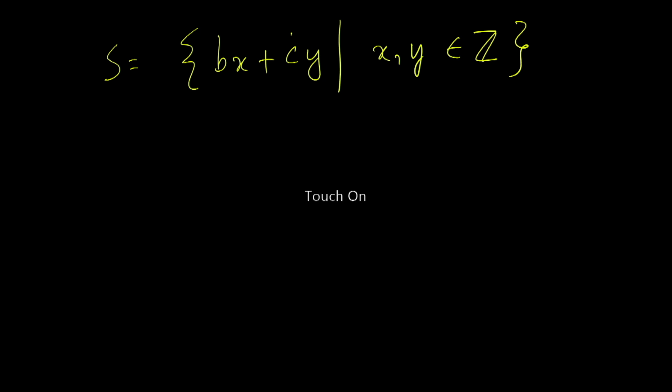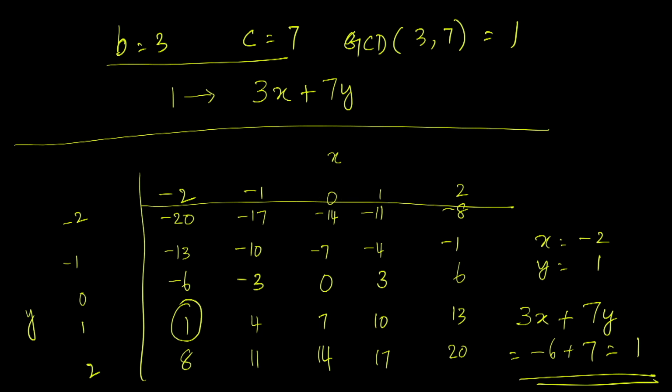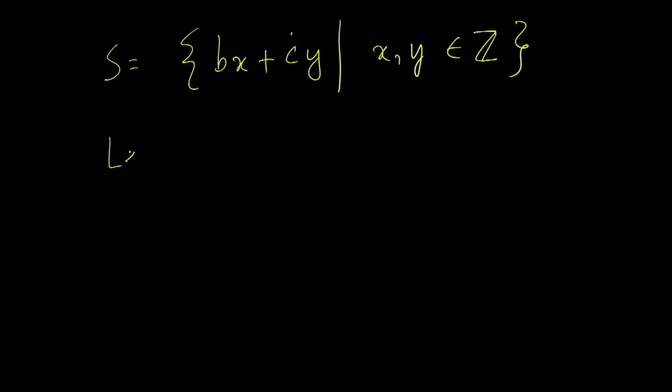So, it is precisely this set that we depicted here for integers 3 and 7. So, this is clearly an infinite set. Let D be the least positive member of S.